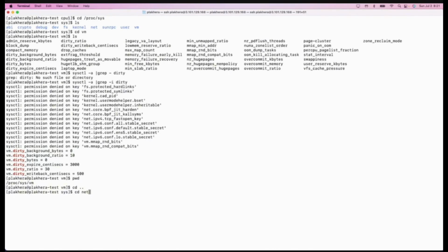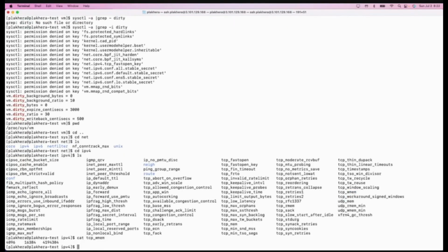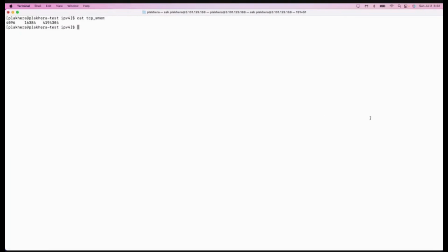The other directory is net, where you can tune the network-related information. For example, ipv4, and let's look at tcp_wmem. Basically, I want to tune some of this write memory buffer: when the packet reaches my kernel network buffer, I want to tune these parameters.